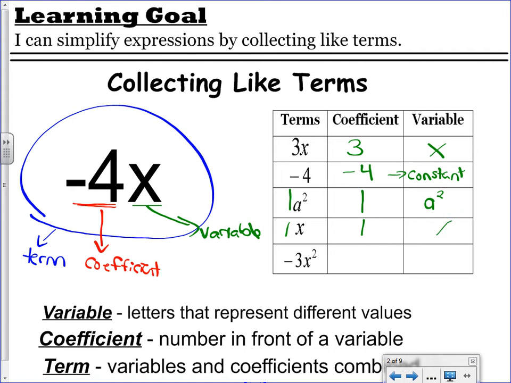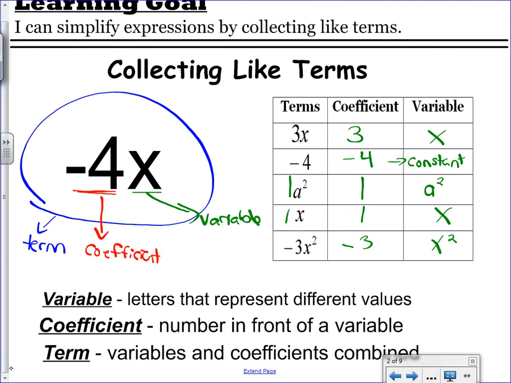Good. And Yulia, what's my coefficient here? Beautiful. And Sarah, what's my variable here? Excellent. Okay, pretty easy? Good. I'm glad. I don't want to intimidate you anyway. So again, these are just the definitions of all of that wonderful stuff.